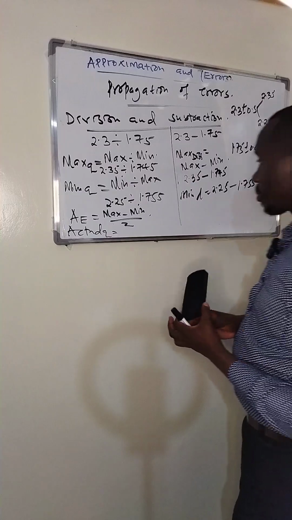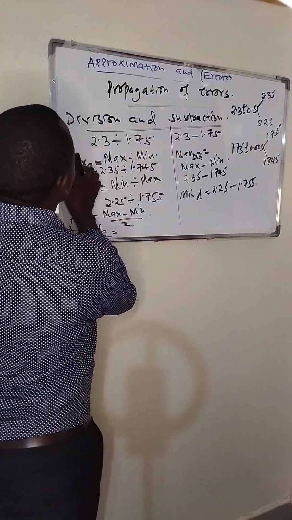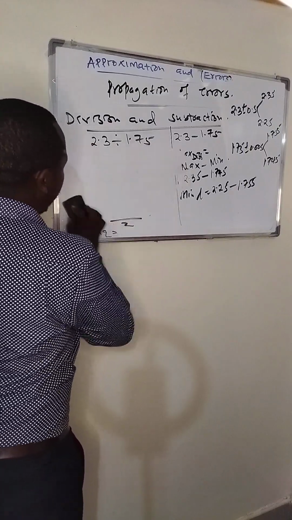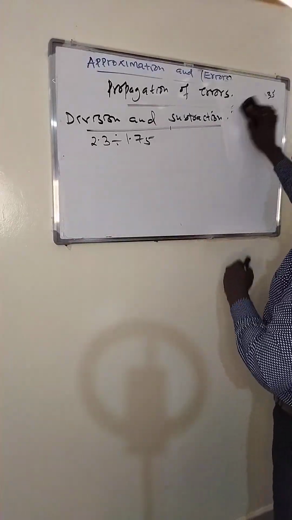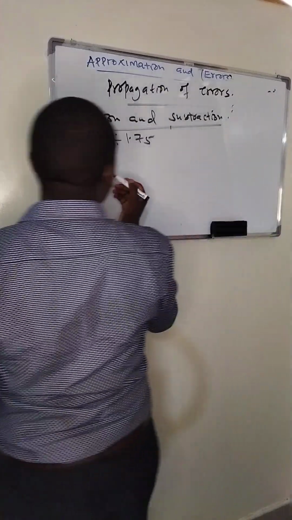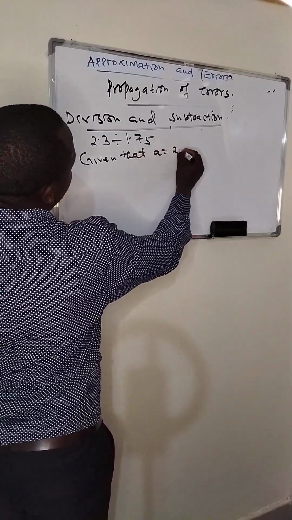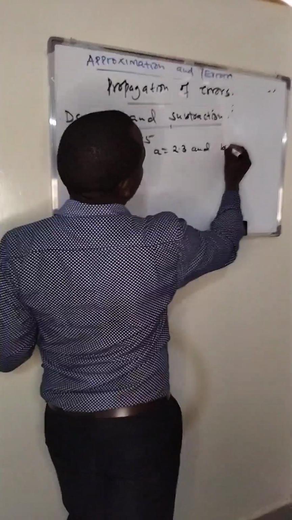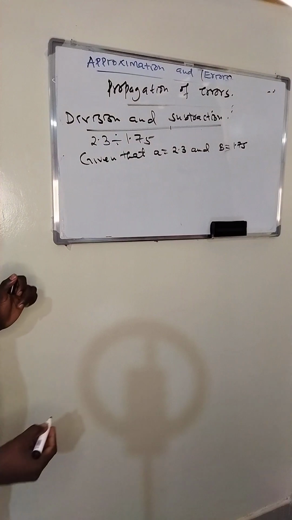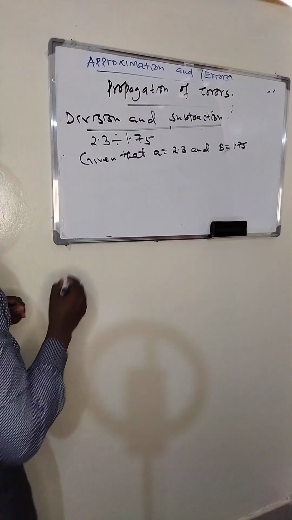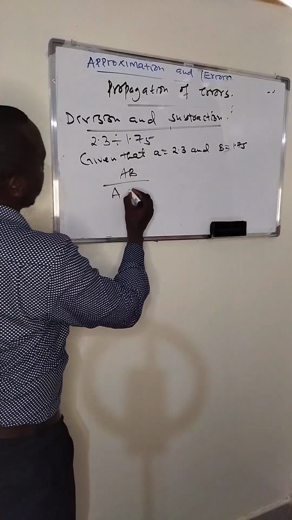For example, given that A is equal to 2.3 and B is equal to 1.75, find the percentage error in AB divided by A minus B.